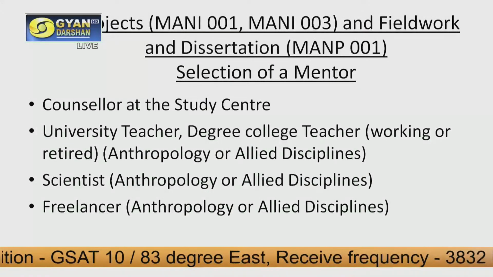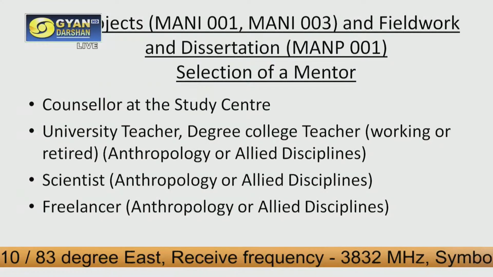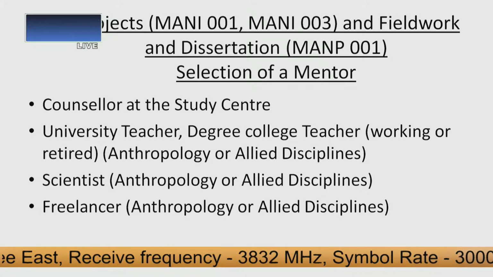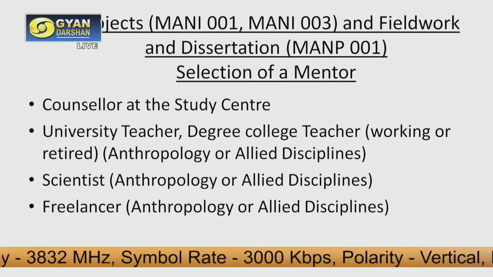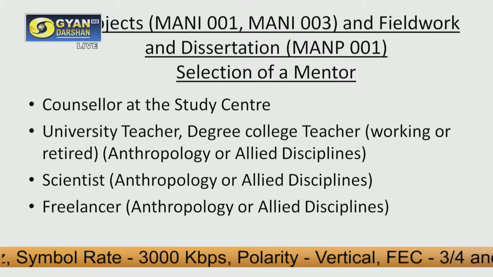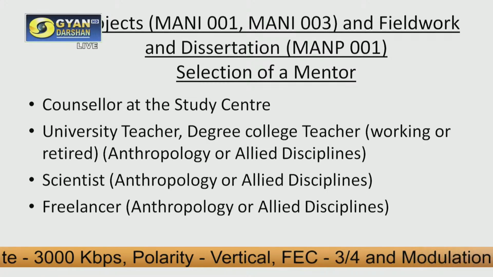These mentors can be a university teacher, which means a university lecturer or professor, or a degree college faculty, working or retired, it doesn't matter, of anthropology or allied disciplines. The mentor need not be from anthropology.